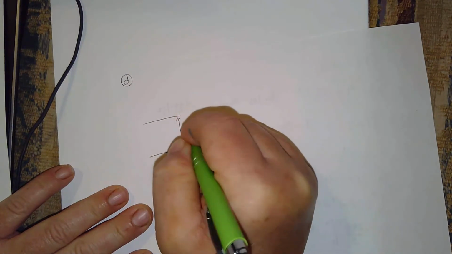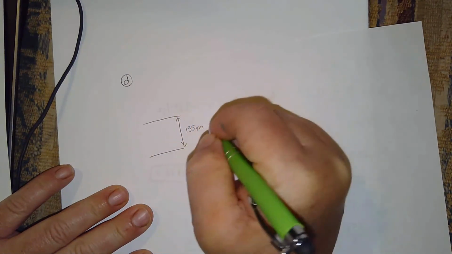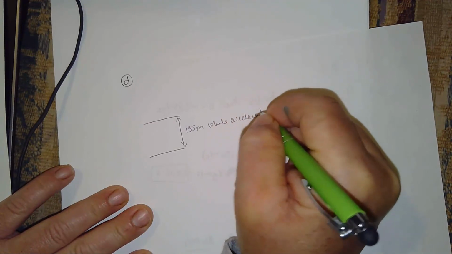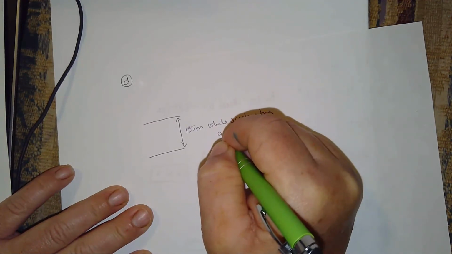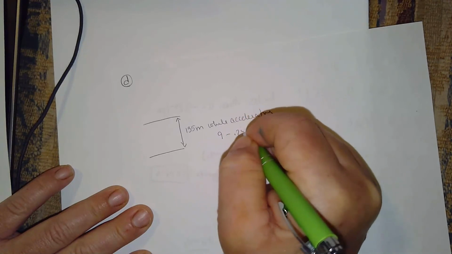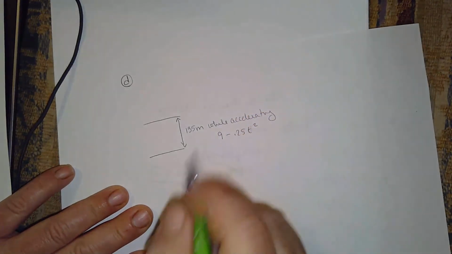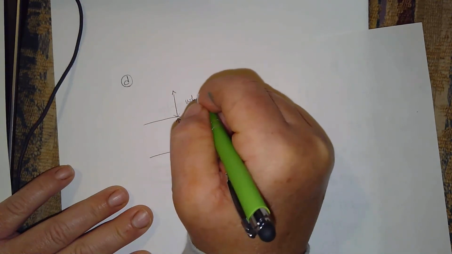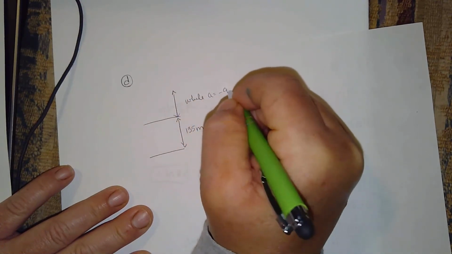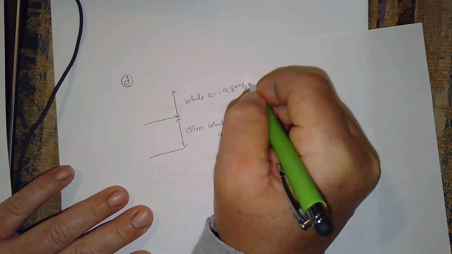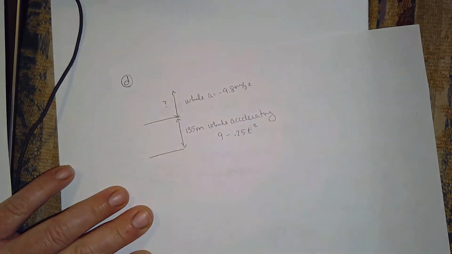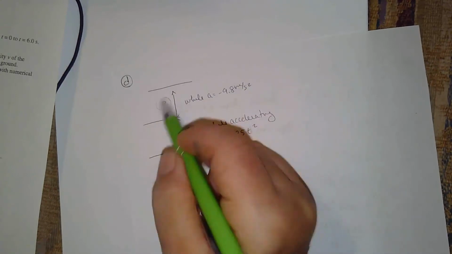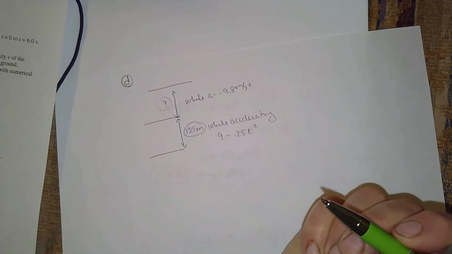I know I travel 135 meters while accelerating at the 9 minus 0.25 t squared acceleration that I have. Okay, but then I travel some more while my acceleration is negative 9.8 meters per second squared. Okay, but I don't know what that is. And so if I want to find my max height, I need to find this and add it to 135.